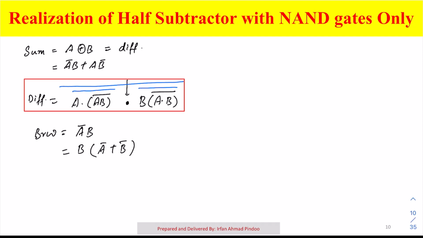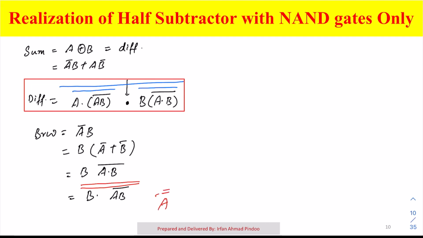And using De Morgan, we know that A bar plus B bar is equal to (A dot B) whole bar. And further we can write this borrow equal to B dot (AB bar), and we will include two more bars over this, one and a second bar. Now what will happen with two bars?